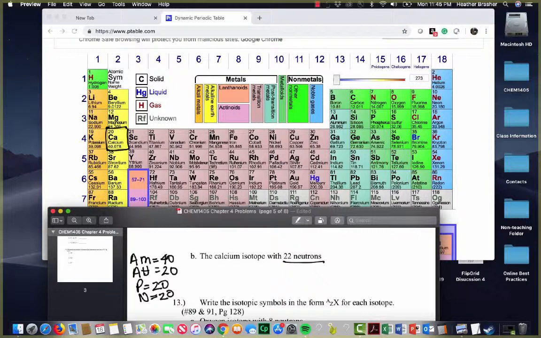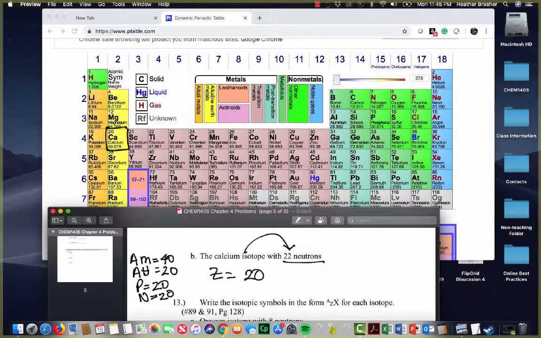So basically what we're looking at here, we're going to have the Z, which if you remember again, is the atomic number, which is 20. And we are essentially looking at the isotope that has an additional 22 neutrons, right?